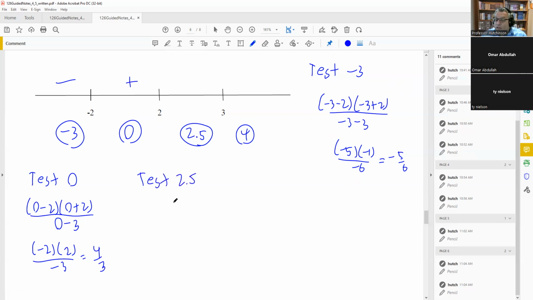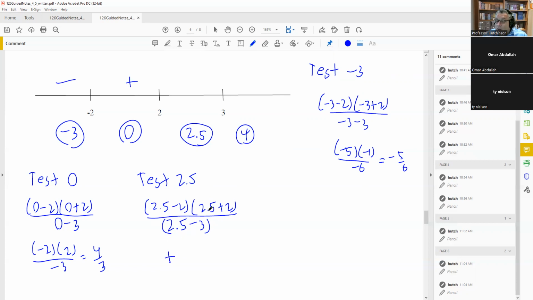Then I'm going to test 2.5. Okay, so 2.5 minus 2, 2.5 plus 2, 2.5 minus 3. Now, really, I'm not concerned about the actual numbers I get here. I'm only concerned about whether I get positive or negatives. So I'm just going to go ahead and write whether I get a plus or minus.